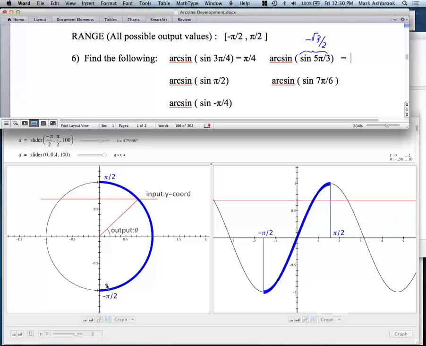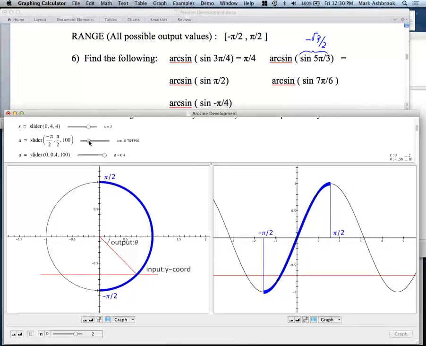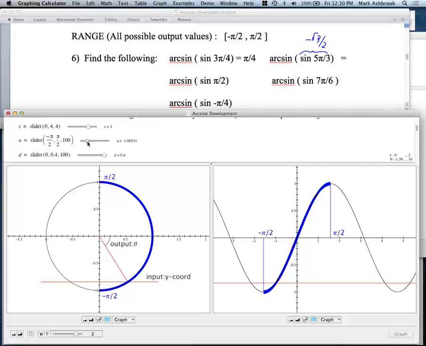So we need the angle. So let me show it here. Negative radical 3 over 2 is like this. So 5 pi over 3 then is this angle here.